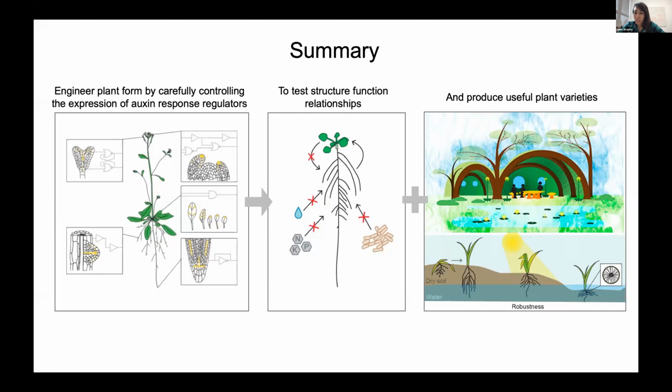Yeah, so one of the things that I like about these auxin response regulators is that they are so powerful and able to modify so many different aspects of development that they should have an impact wherever you express them. And the trick is to refine that impact down into the change in development that you want.